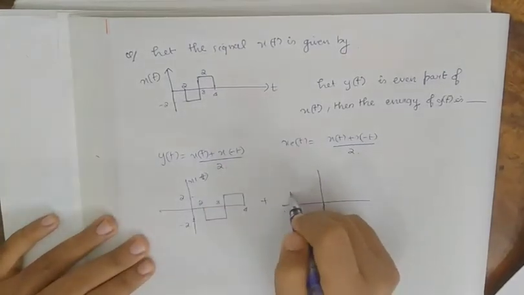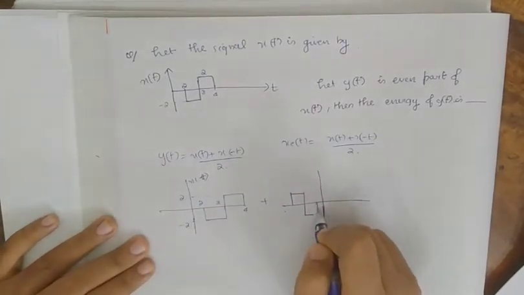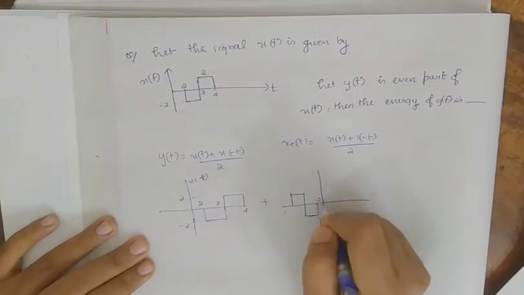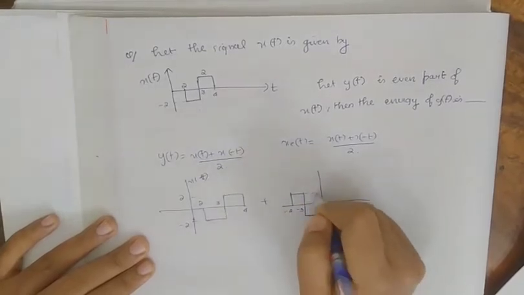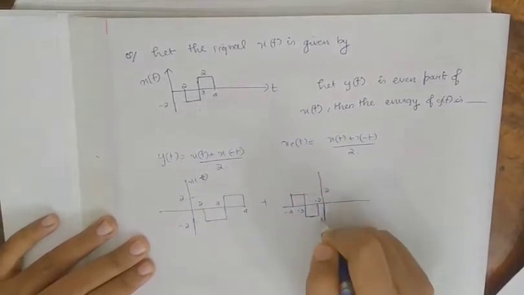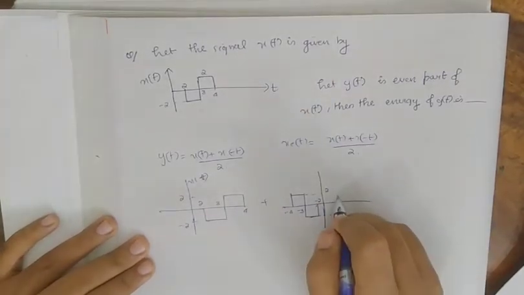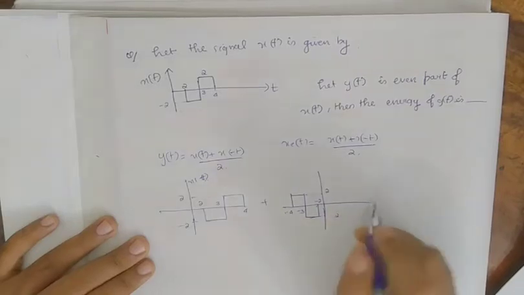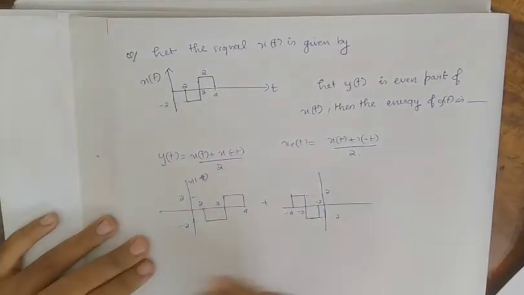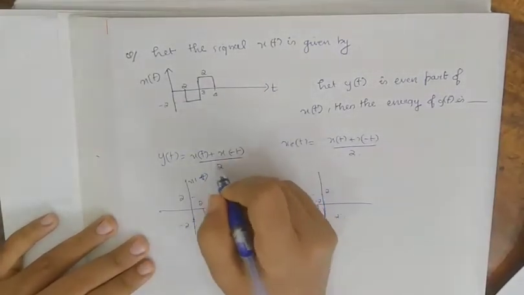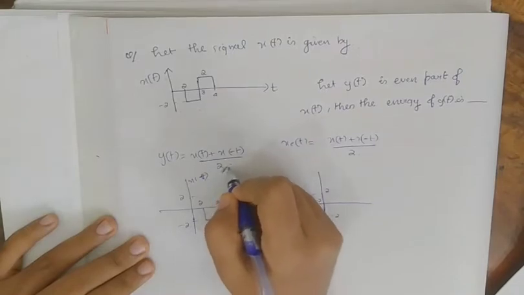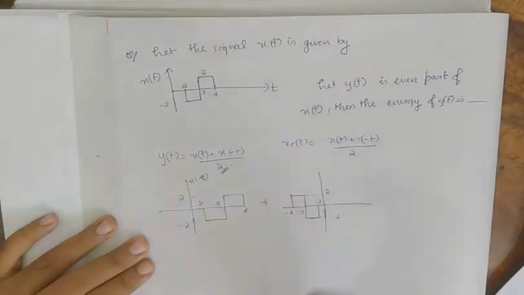Okay, so it will look like this: minus 2, minus 3, minus 4. Again this will be 2 and this will be minus 2, and we are going to add these two. That is what is going to be done here, and it is going to be divided by 2. The amplitude will be divided by 2.